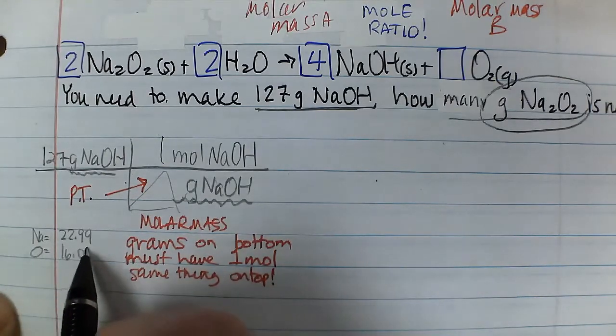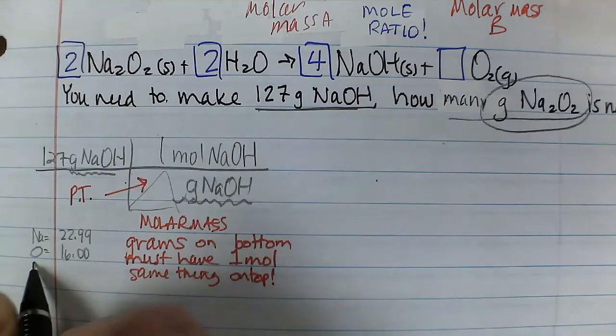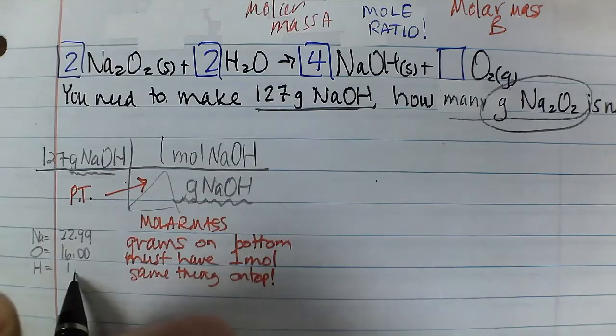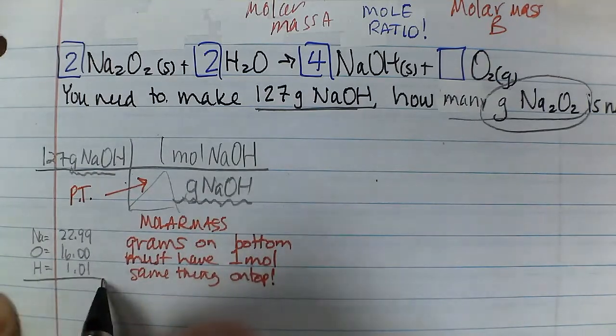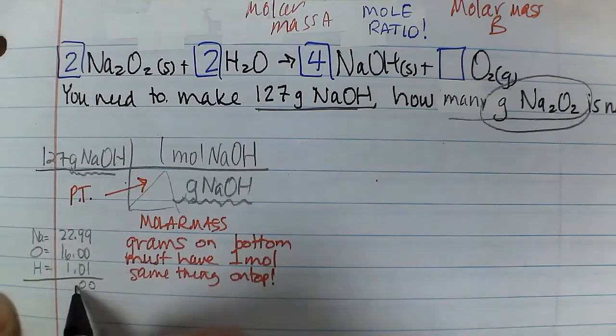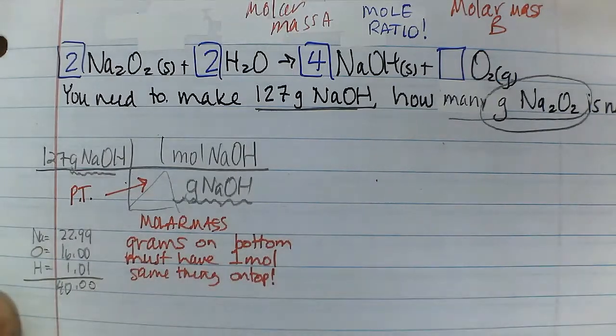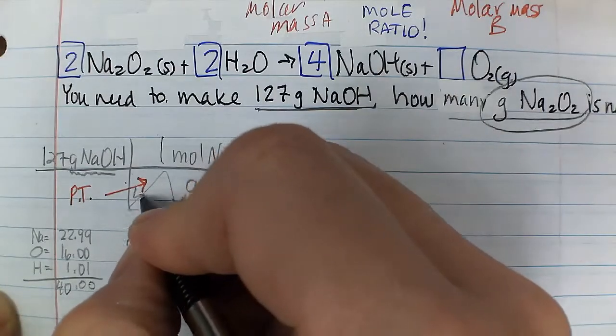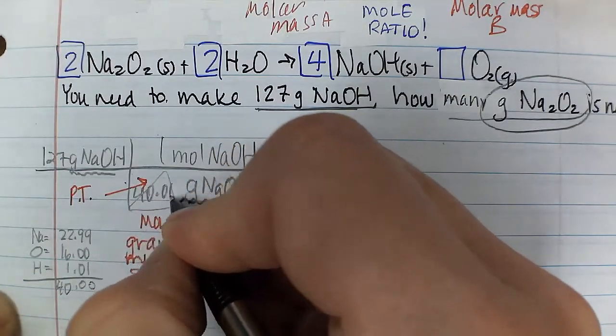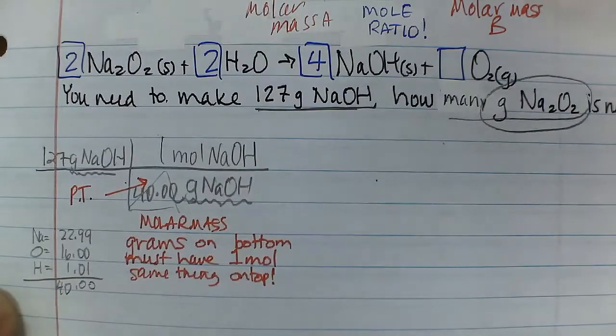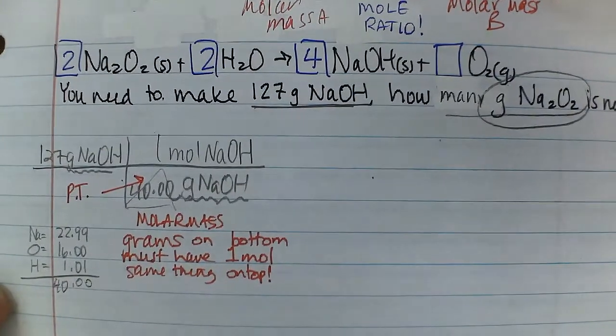Oxygen is 16.00. Remember, we're rounding these to 2 decimal places. So then when I add these up, the molar mass of sodium hydroxide is 40.00 grams. Do you need to show those zeros? Yes, please.